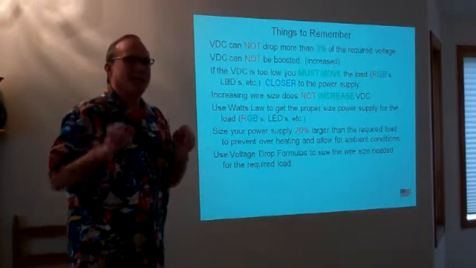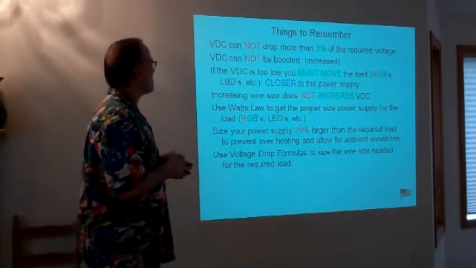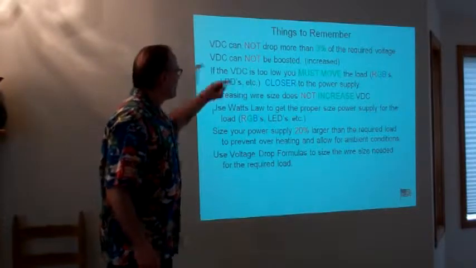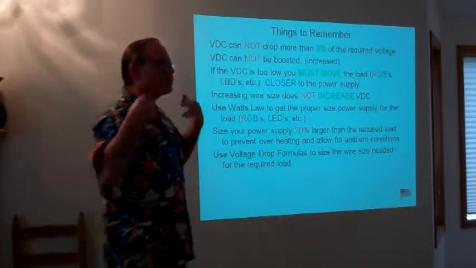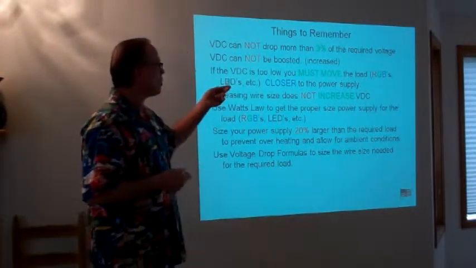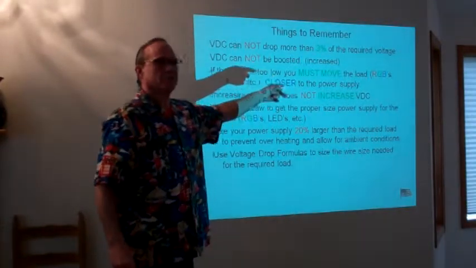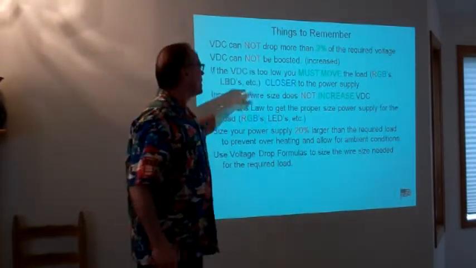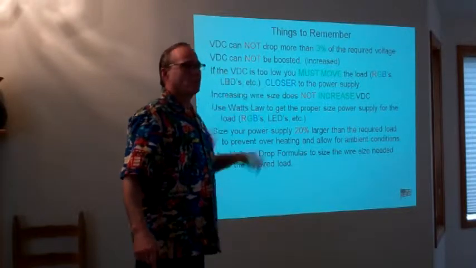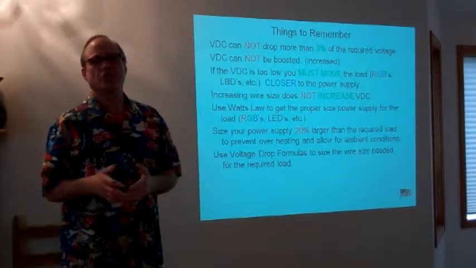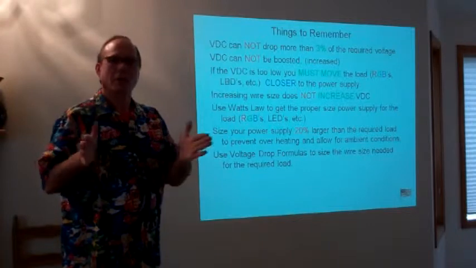There are ways we can kind of cheat around it, as we're alluding to here. Primarily, if your DC voltage, your direct current voltage, is too low, you typically are going to have to move your power supply closer to your load, or your load closer to the power supply. That's how you can compensate as well.